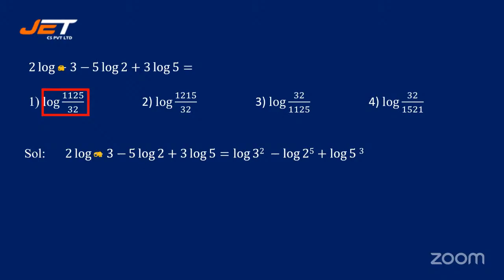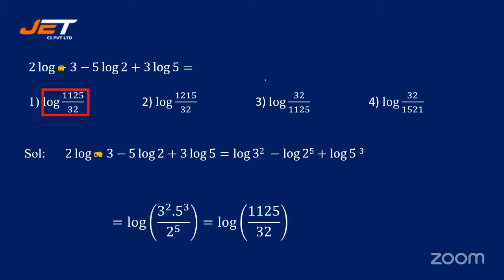See, option 1 is right. How? 2 log 3 minus 5 log 2 plus 3 log 5 can be written as log 3 square minus log 2 to the power 5 plus log 5 cube. There's a mistake in the question; it should be 2 log 3, then only you can write it as log 3 square. Here log a minus log b is log a by b, so log 3 square by 2 power 5.